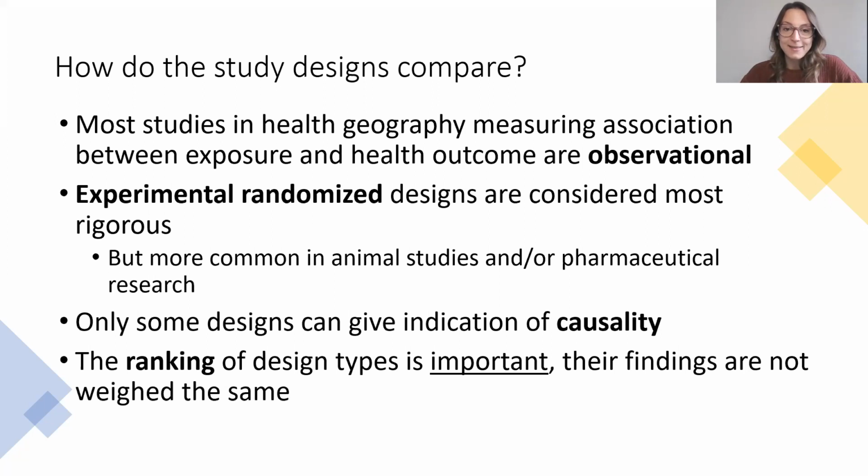So this is to say that the ranking of these design types is really important because the findings that you might get from different study designs are not all weighed the same, right? We might want to weigh the results from one particular type of study a little bit higher compared to another. So we'll talk about that. There are also limitations associated with each type of study design. And again, we'll break those down by the different design types.